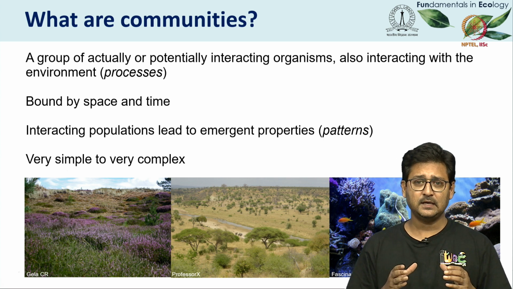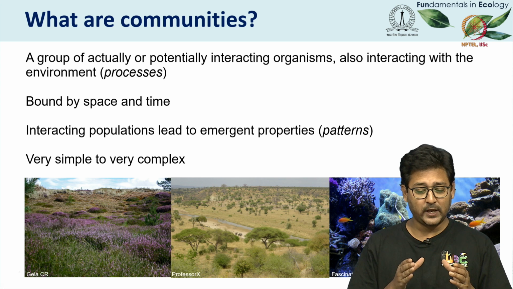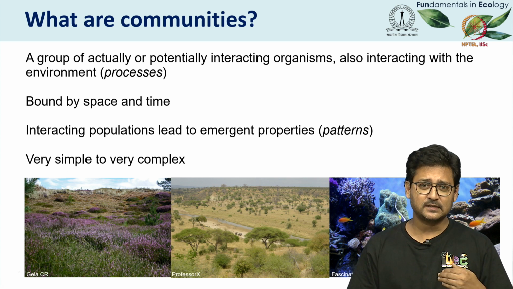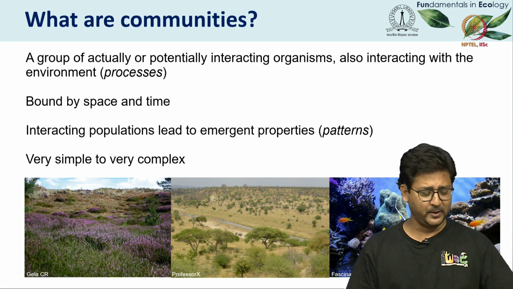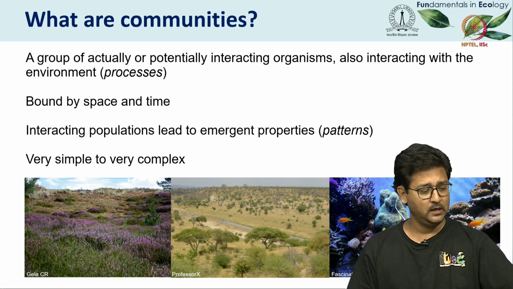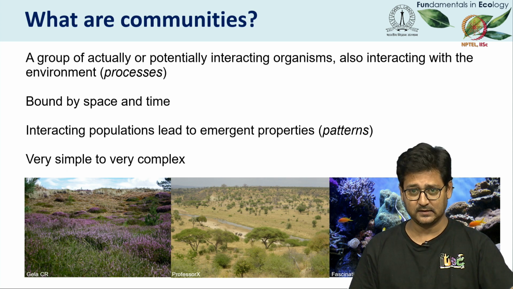Now, communities are bound by space and time. So, those organisms that can or are actually interacting with each other have to be in a particular space, in a particular time. It's very obvious to most of us that as we go from one particular location to another, so let's say you're going from a rainforest to a desert, the set of species that is present in the rainforest is very different from the set of species that is present in the desert.